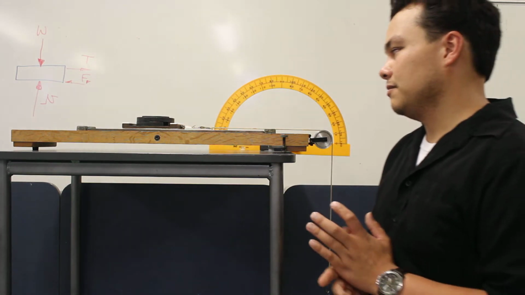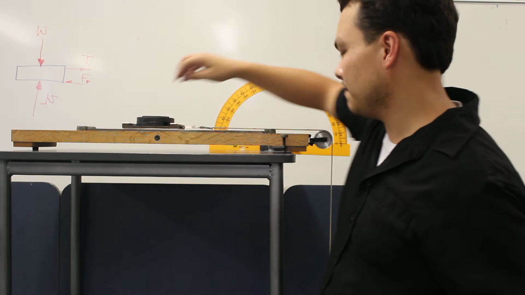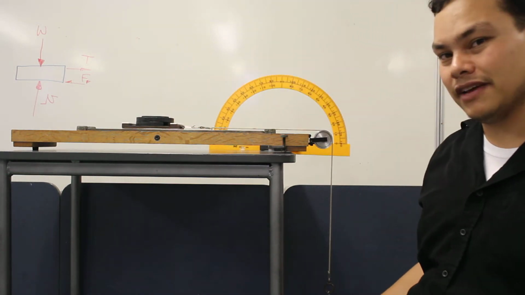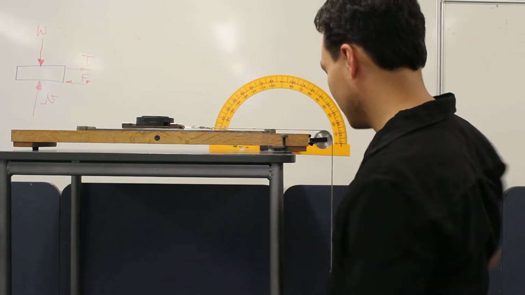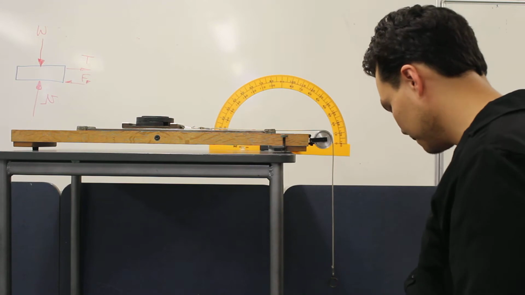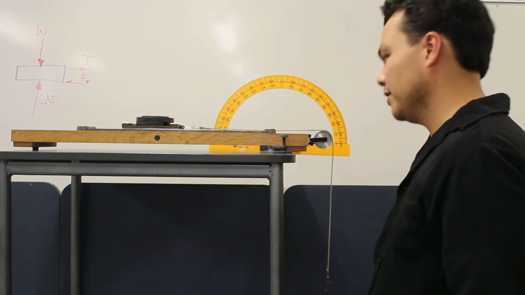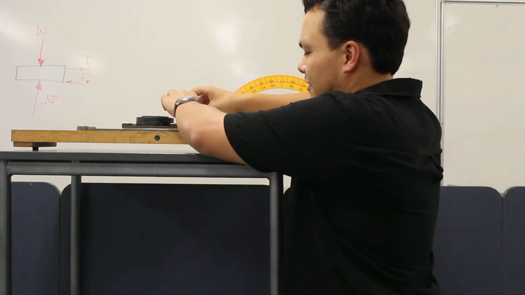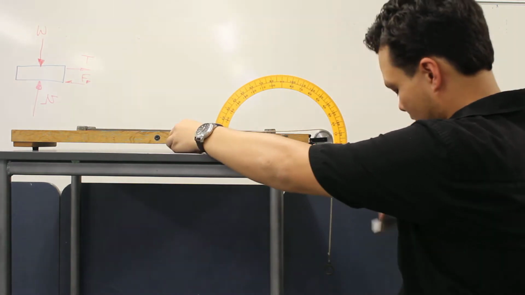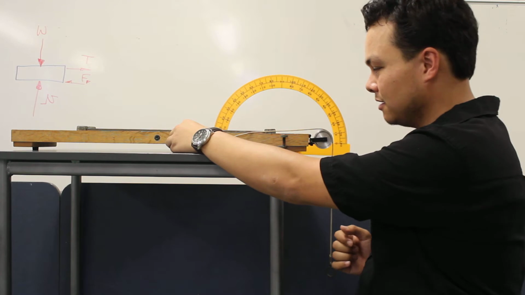Alright, so we can perform this experiment for a range of different values here, but now what we've done is we've got a mass of a slider and the mass of a hanger. We can take the hanger with all of its weights and weigh it, and then we can also take the slider here along with its weights and weigh the mass of the slider along with the weights.